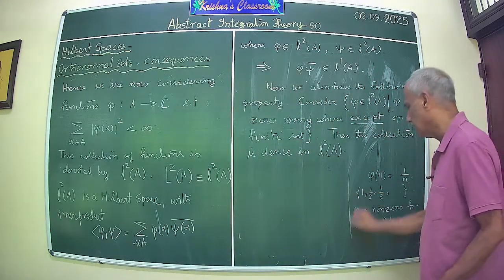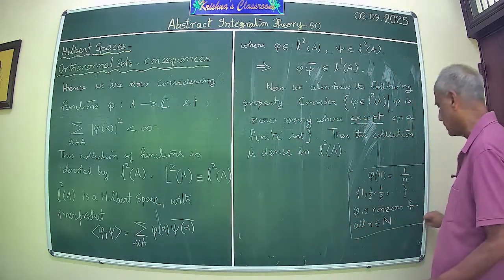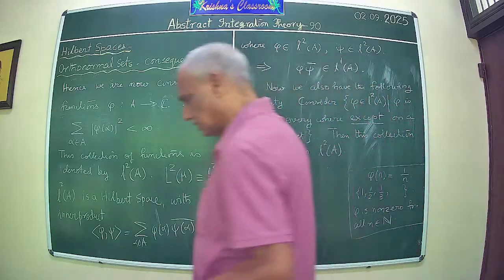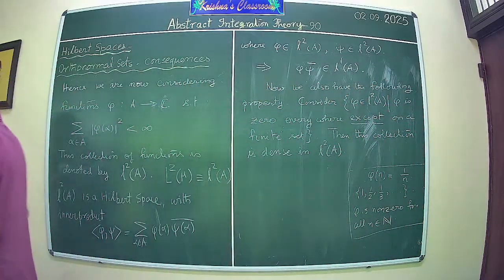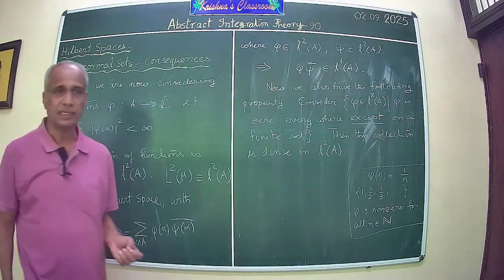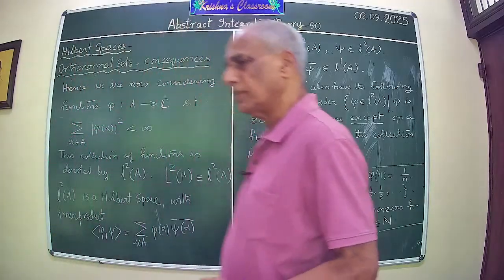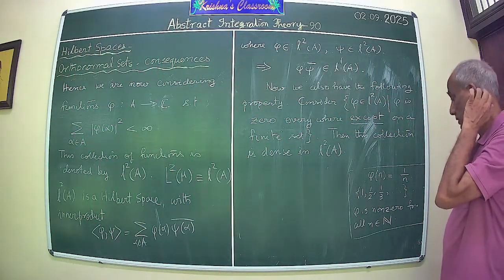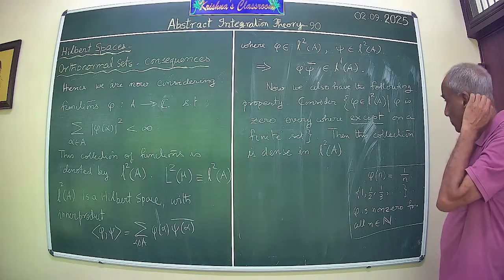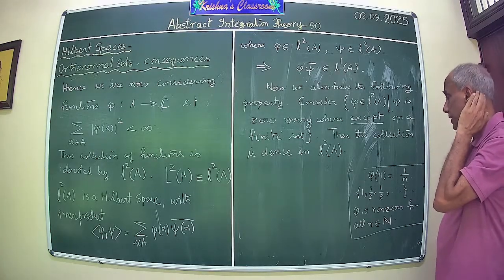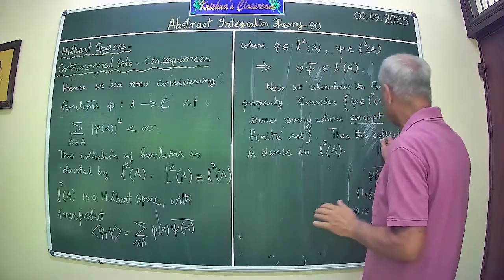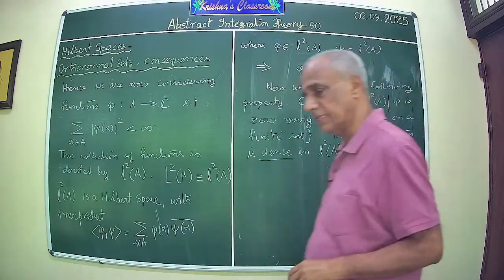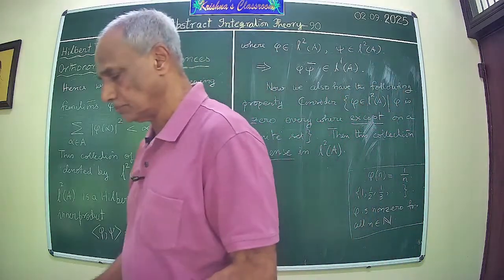So you take such functions. They are all L2 functions, and these form a subcollection of the L2 space, L2 of A. And what you can prove is that this collection is dense in L2. This is the density. It's a dense subspace of L2.